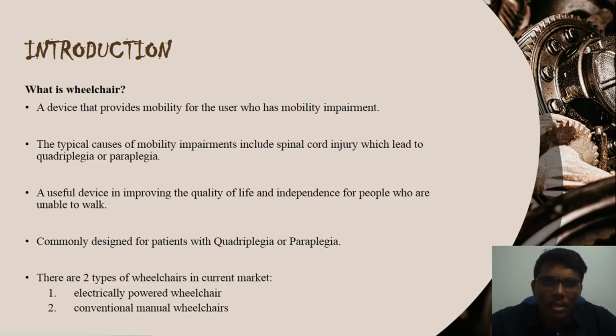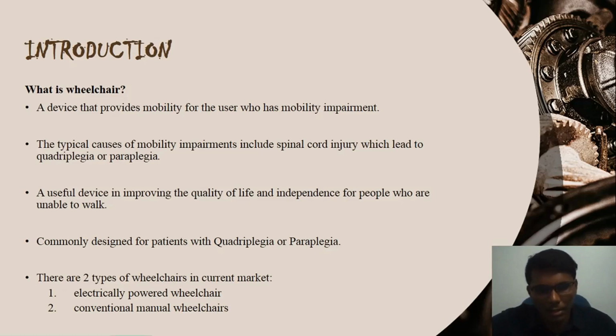Wheelchairs are commonly designed for patients with quadriplegia or paraplegia. Quadriplegia is a type of disability where the patient is unable to use their arms, while paraplegia is another disability where the patient has lost the lower part of their body.